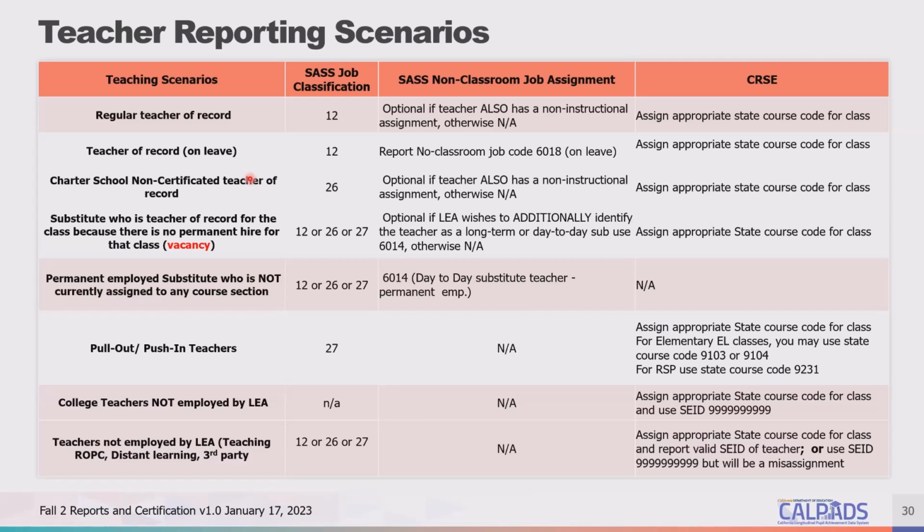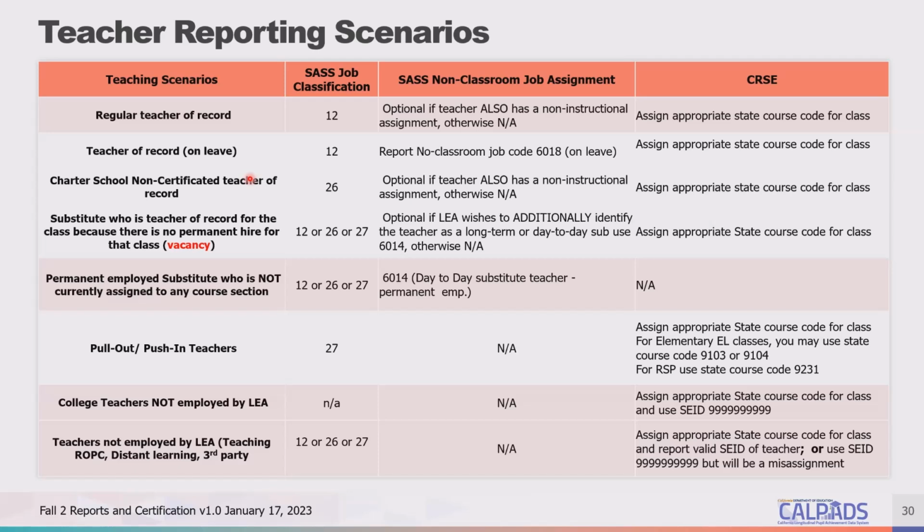Anyone who is a teacher of record on census day who is employed by the district, regardless of whether they are on leave or not, must be the assigned SEID to the course. You cannot assign a substitute teacher SEID to a class if there is an employed teacher of record.